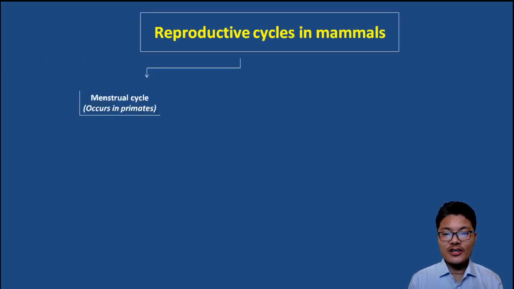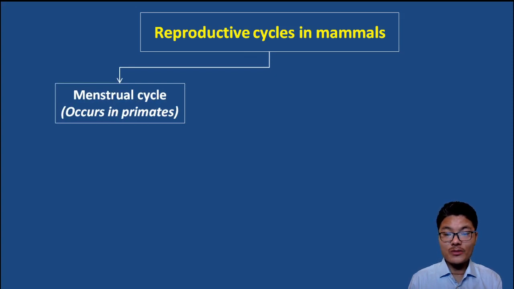Now, what are the cyclical changes usually observed in mammals? It's common in human females that the menstrual cycle is observed during their lifetime. The menstrual cycle occurs in all the primates.